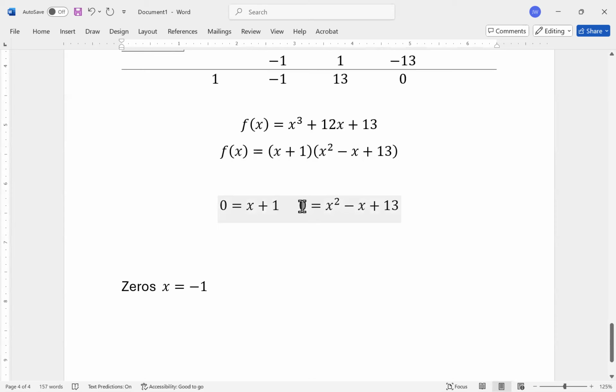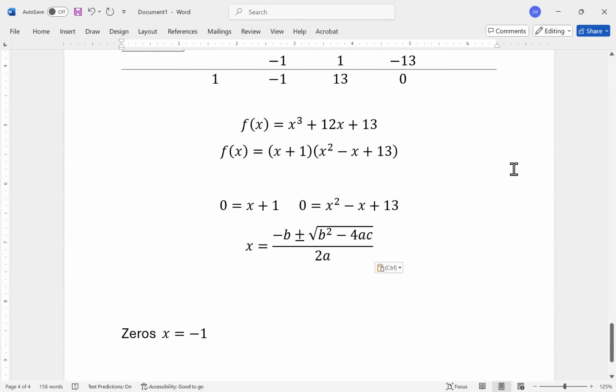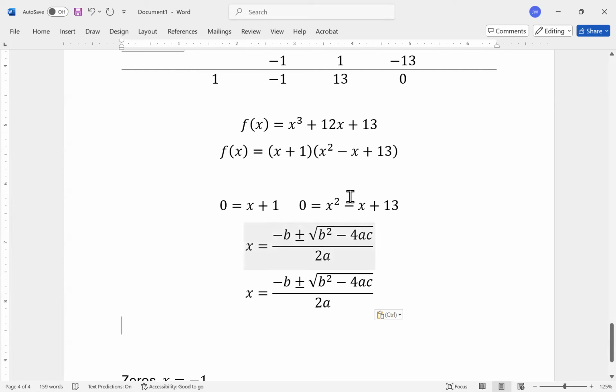And then to find the other two zeros, I plug in the quadratic formula. So x is equal to opposite of b plus or minus square root of b squared minus 4ac all over 2a. In this case, b is -1, so opposite of -1 is a +1. When I take -1 and square it, I'll get +1.